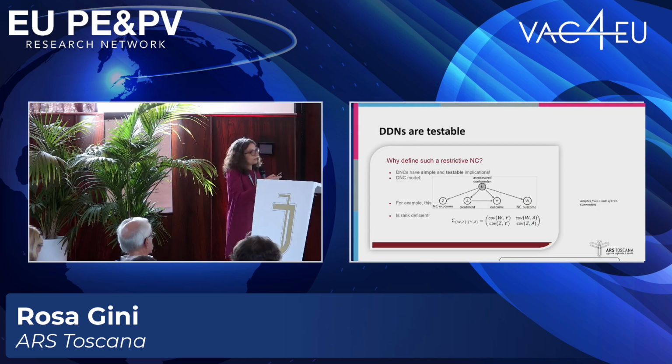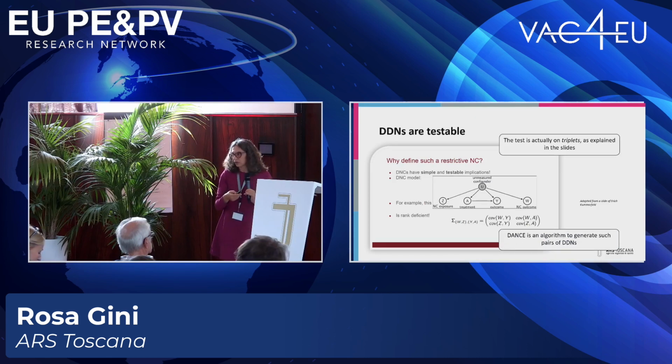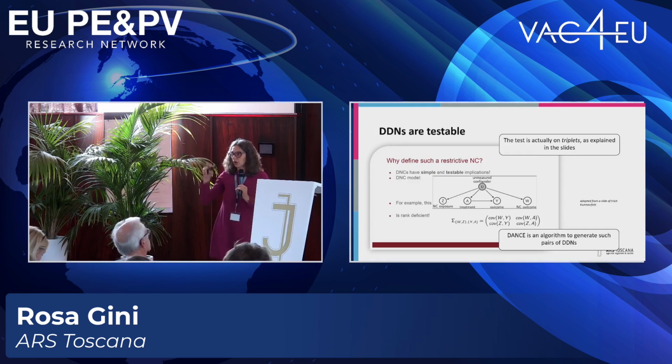So basically, the DANCE algorithm is a kind of automatic search for such pairs. Actually, you need to look for triplets for a technical reason, and thanks to that, you can generate them automatically, if there are any, because there is no guarantee that such triplets exist, but if they exist, you can find them automatically.